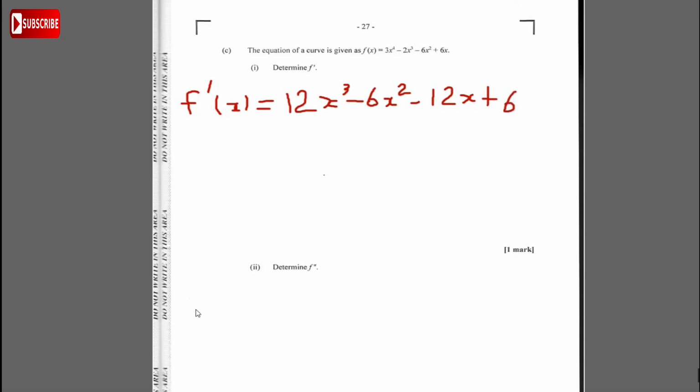Right here it says determine the second derivative. The second derivative is f double prime of x. f double prime of x is going to be equal to, when you differentiate 12x cubed, you're going to get 36x squared.